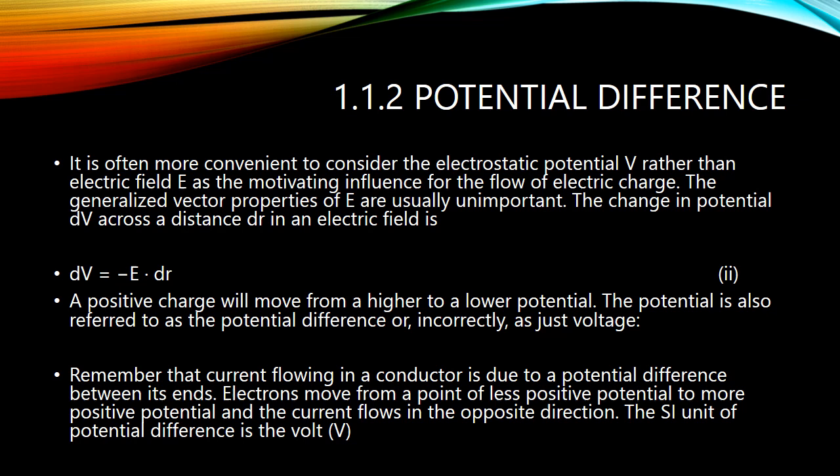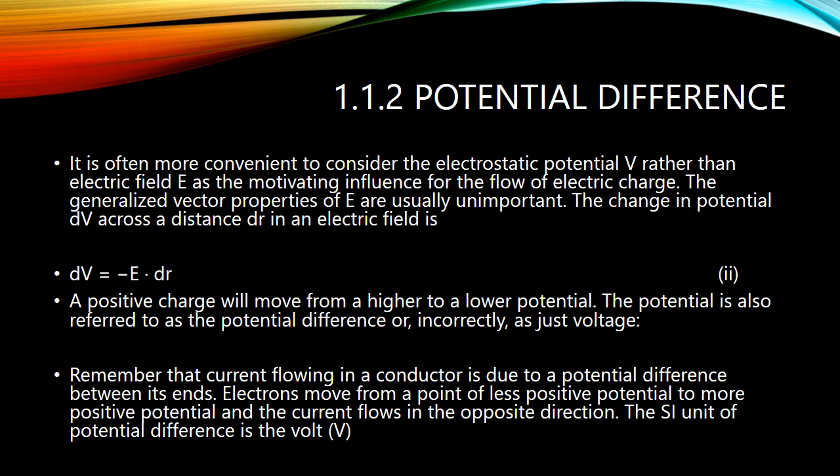So the change in the voltage is given by the negative of E multiplied by the change in distance. A positive charge will move from a higher to a lower potential. The potential is referred to as a potential difference, or incorrectly as just voltage. So potential difference is just another definition for voltage.